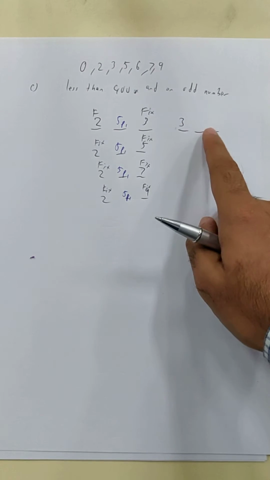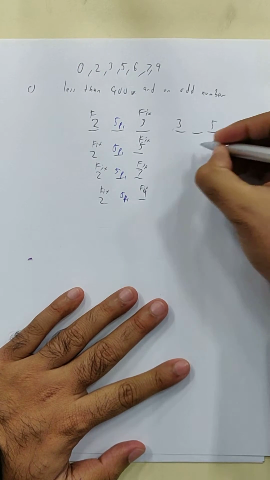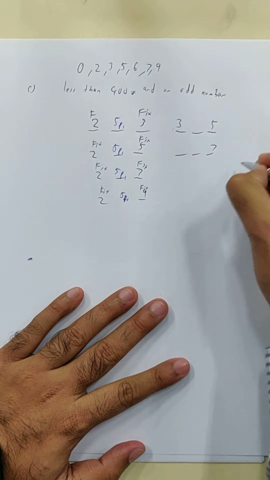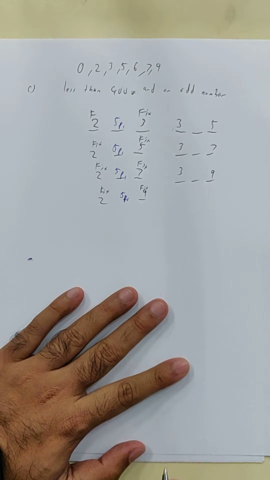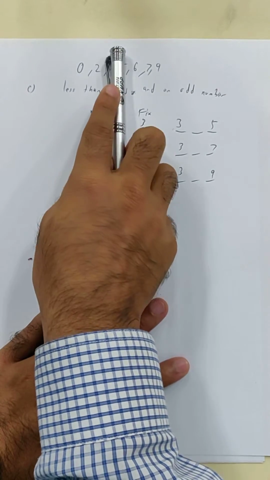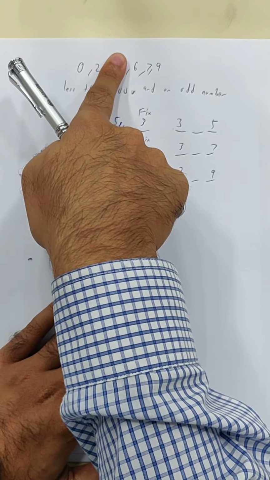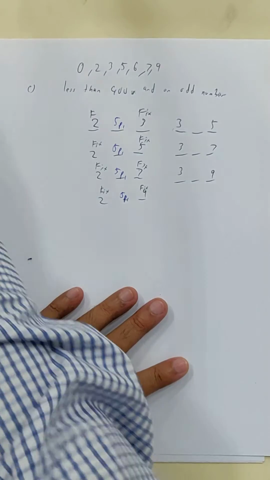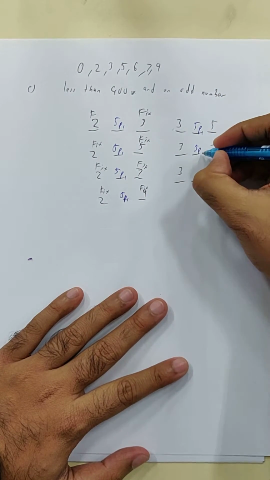So if 3 and with 5 or 7 or 9, this is the safest way to go. If 3 and 5 has been selected, how many numbers do I have left? How many places do I have? So 5P1, same goes for the rest.